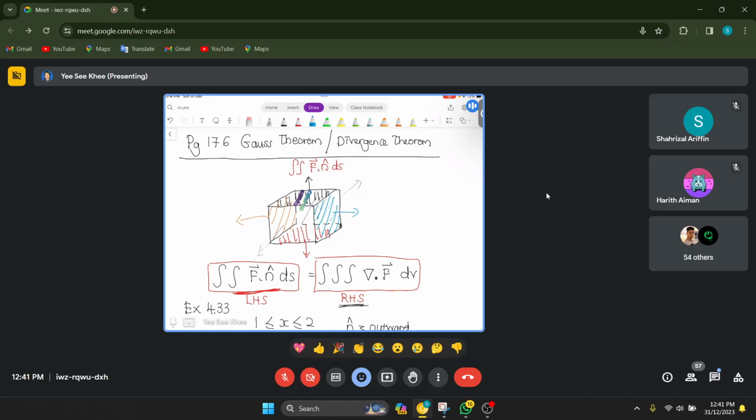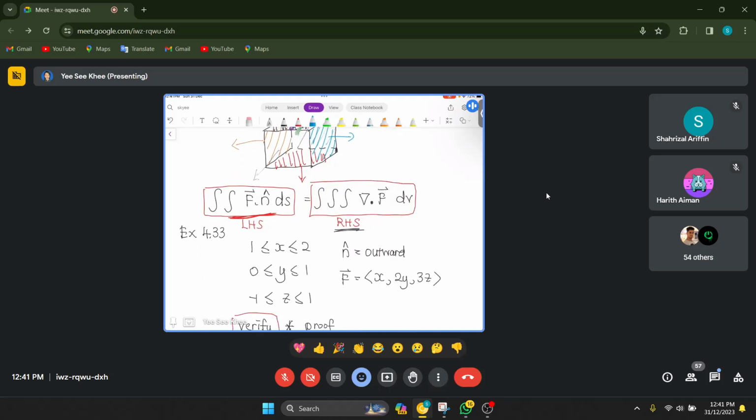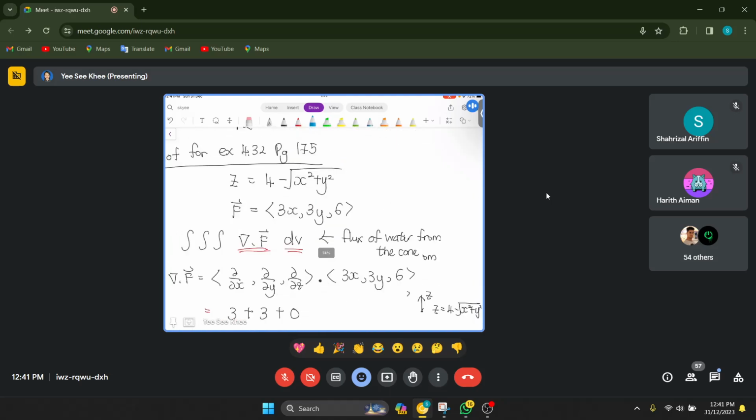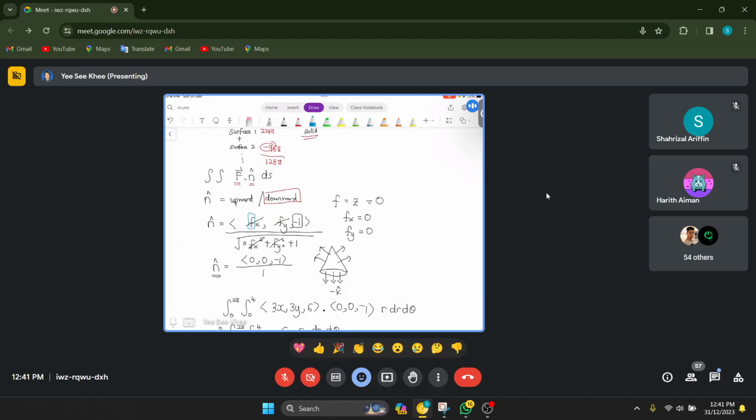If you're using the surface integral of the vector field, you might need to perform the double surface integral several times. So this is to find out the divergence and then define the range for the dV of that solid. It's very simple.